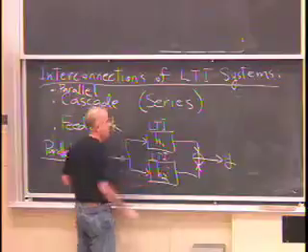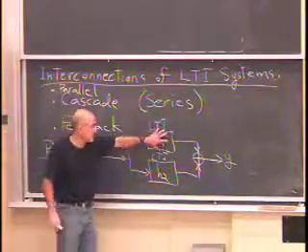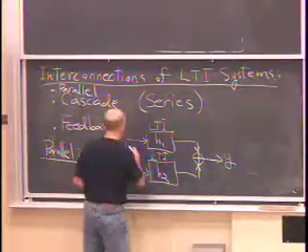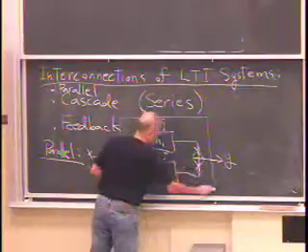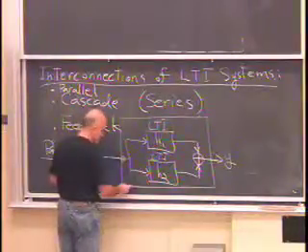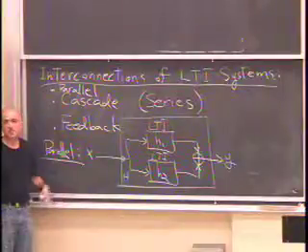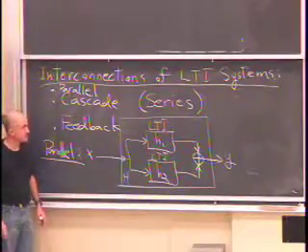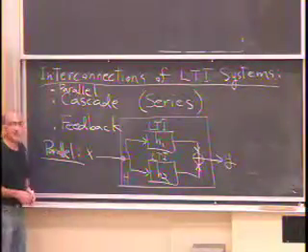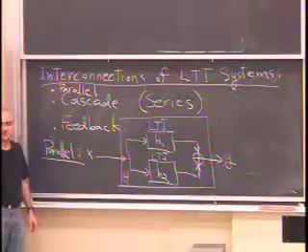Now, in the textbook, for all of these interconnections that I talk about, there is proof that if you put these LTI systems in these configurations, the overall system, you can think of this as a more complex system, let's call this H, is also LTI. I won't go through the proof of that. It's kind of secondary in importance. What I want you to get is how to read these diagrams and write down the equations that govern these systems fairly quickly.